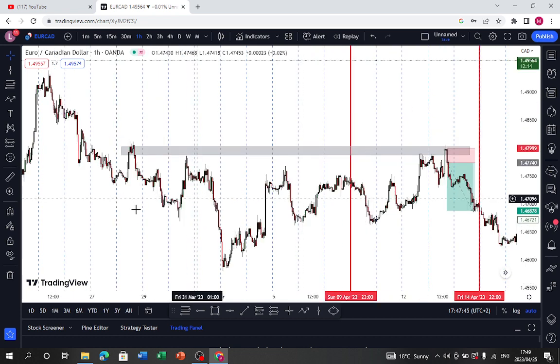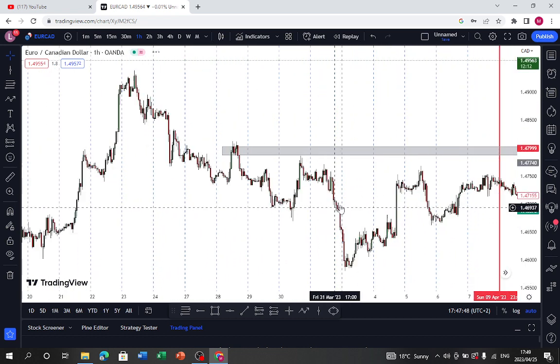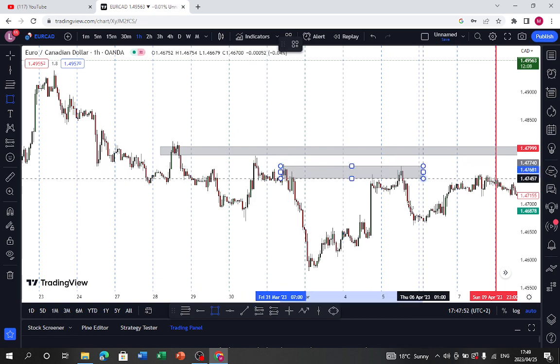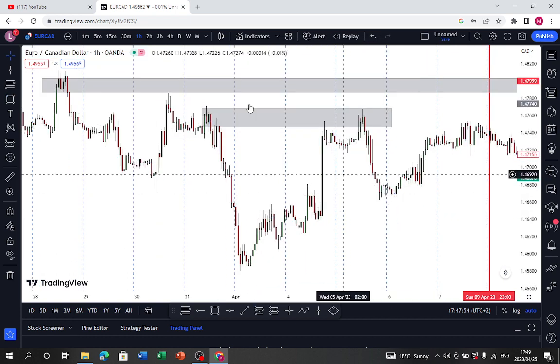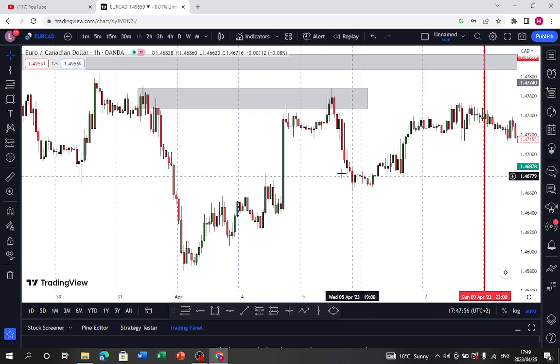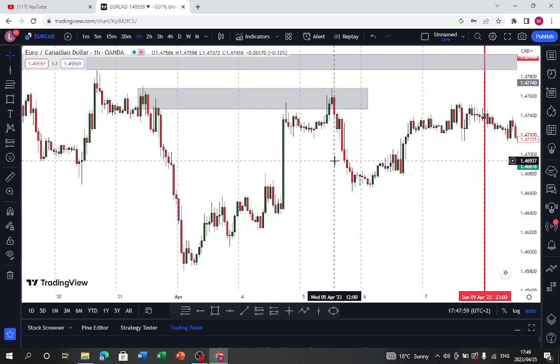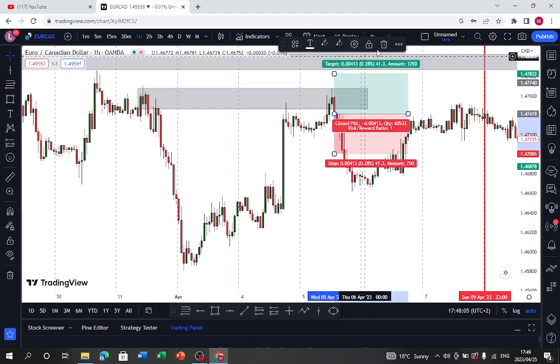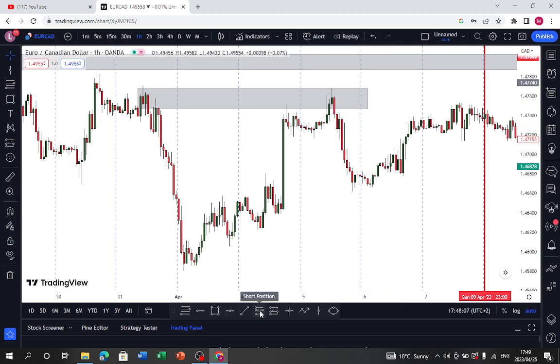Let me make another example about selling. If you pay close attention, we were here at a resistance, then the market created a bearish engulfing again. This is a supply or resistance.